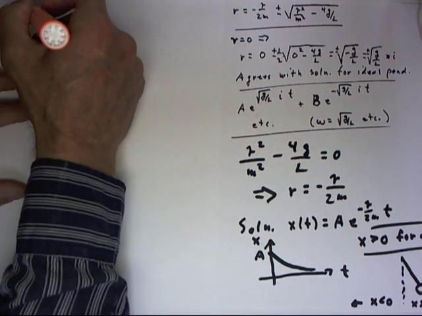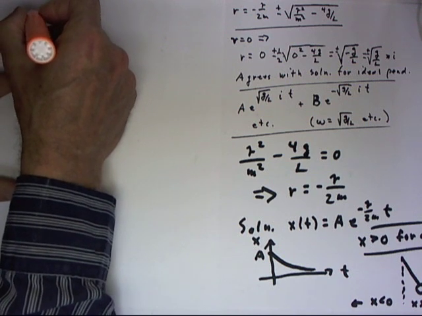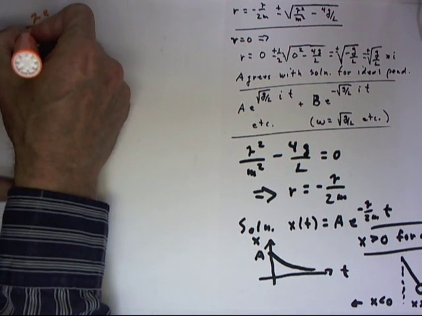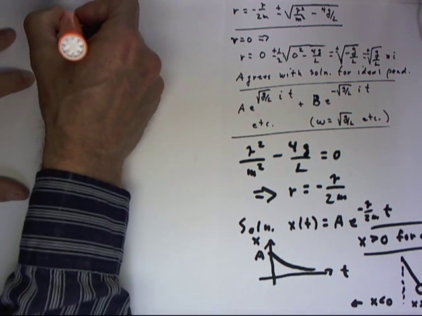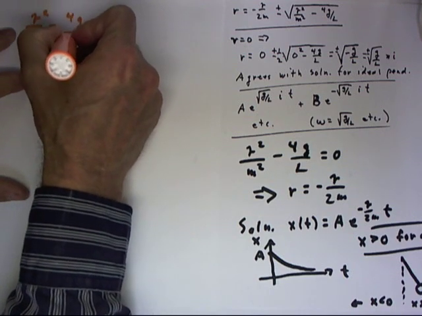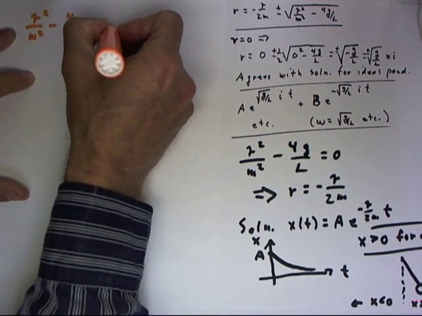Now, let's consider the case where this discriminant, gamma squared over m squared minus 4g over L, is greater than 0.